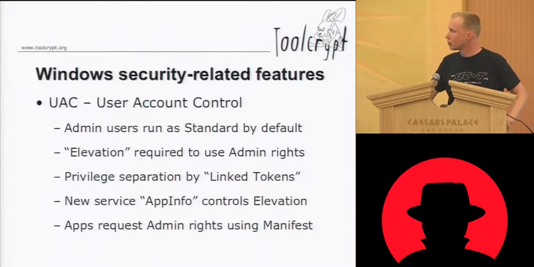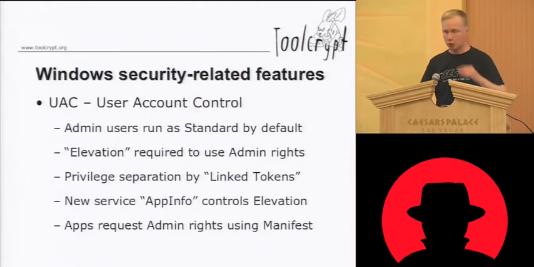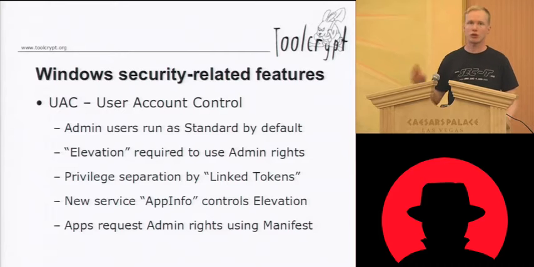So they also introduced a new service running with system privileges called the App Info service. That is triggered by the Windows GUI or the Windows shell when it, for example, sees that this might be a setup program that you're running, or you're trying to copy files to a directory which you're not allowed to write to.